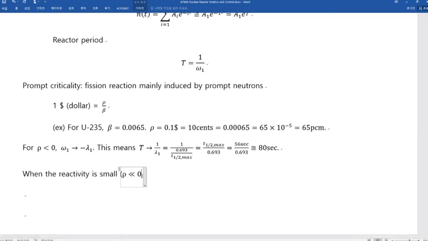Maybe reactivity smaller than like 0.01.